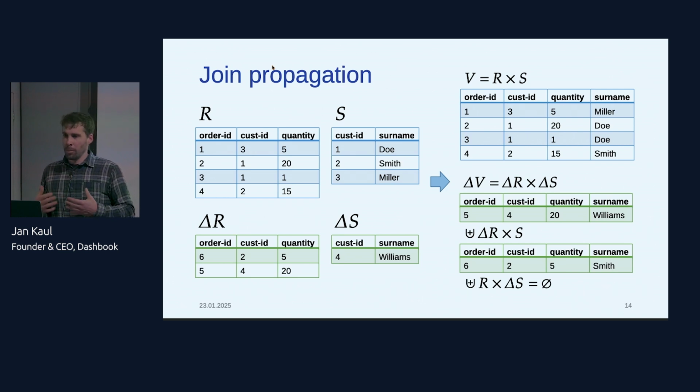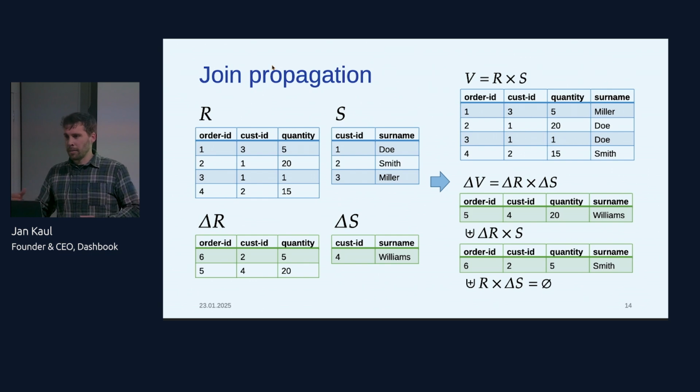When we look at the formula for how to calculate the differences to our expression, we see that it's composed of three parts. The first part is joining the two delta tables at the bottom. There we have a matching row where the customer ID is 4.